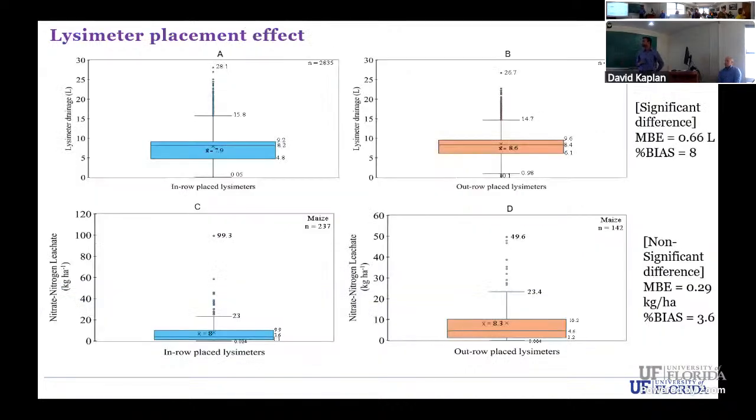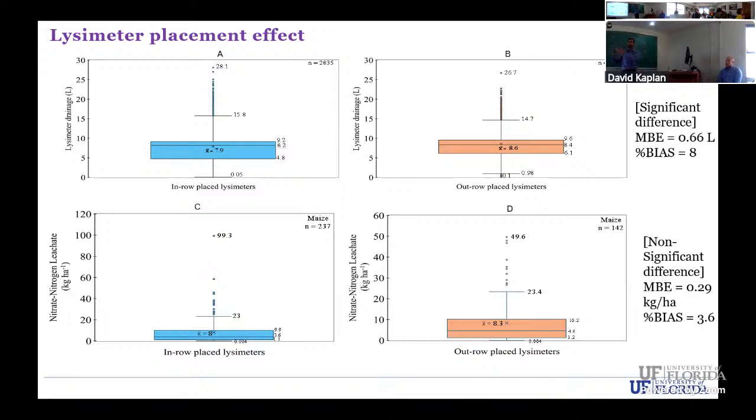Okay. So when we installed these lysimeters, our first hypothesis was that they would work fine, right? And there are some differences when we install these lysimeters just underneath the crop row or in between two crop rows, because there is always a funneling effect in the corn. When water droplets go, it generally goes in the center, right?